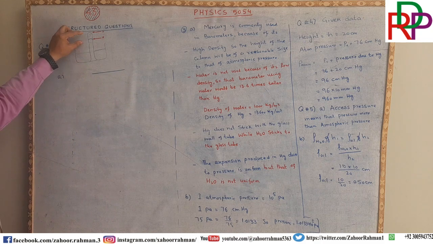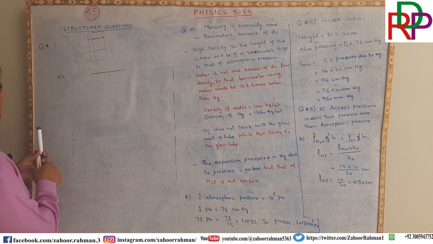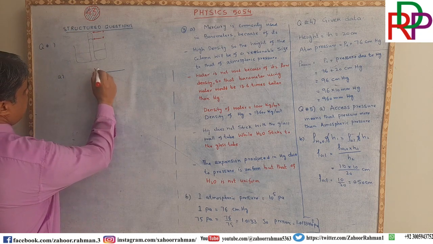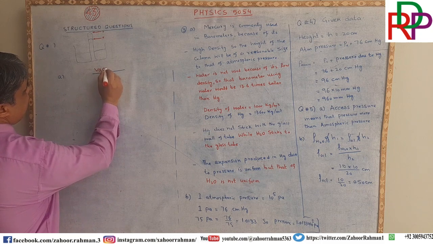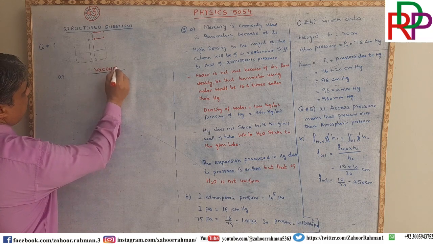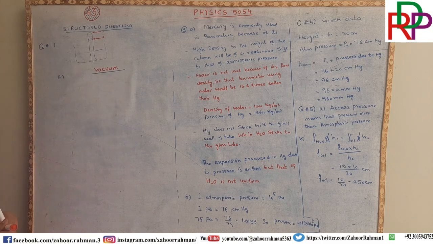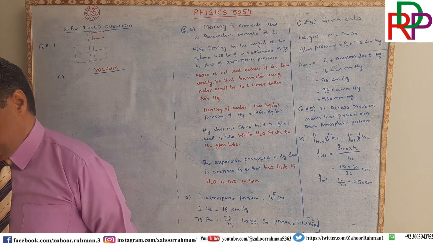Between X and Y there is a vacuum. So, yes, we know that above the mercury column there is a vacuum. So, in the first part, you have to write this.